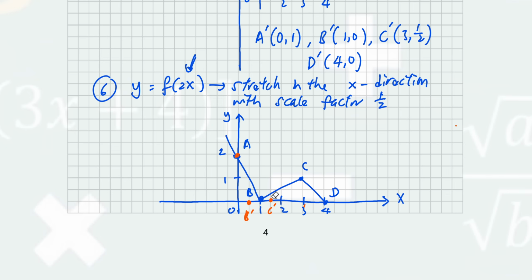But then my y coordinates remain. So it will be at 1 for the y value. So this is my C prime. And then my D, instead of 4 now, you times half. That becomes 2. So this will be your new graph.